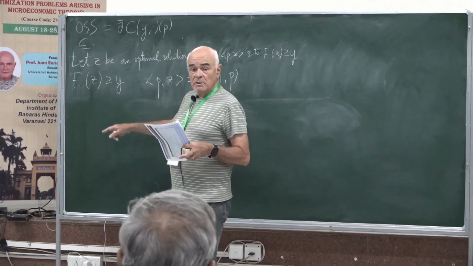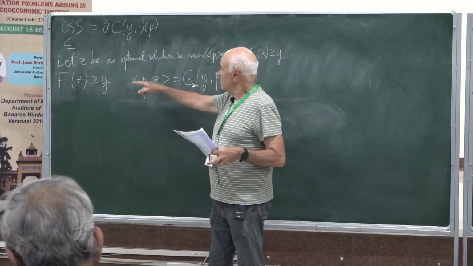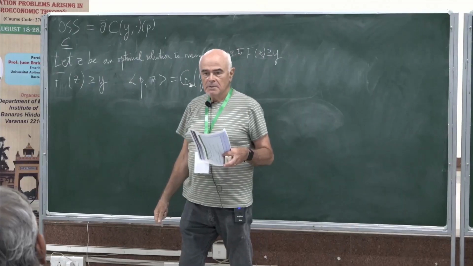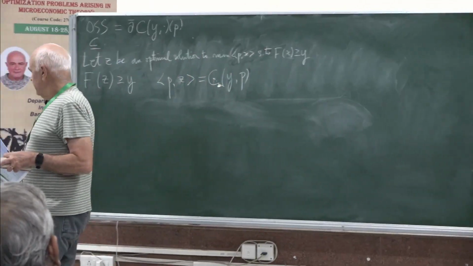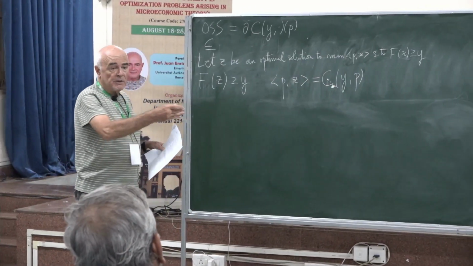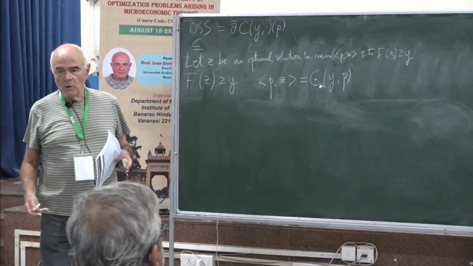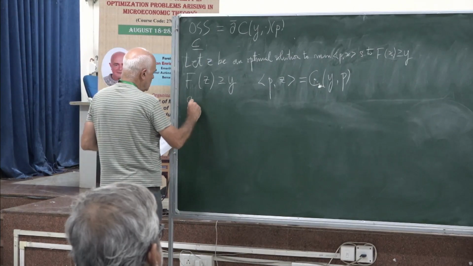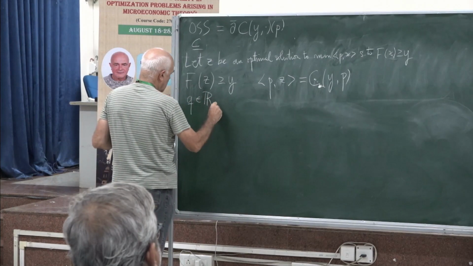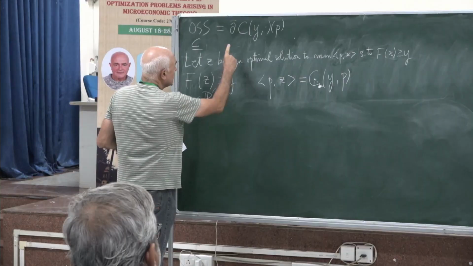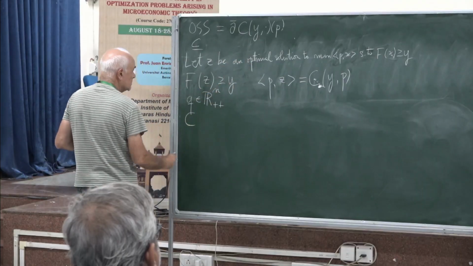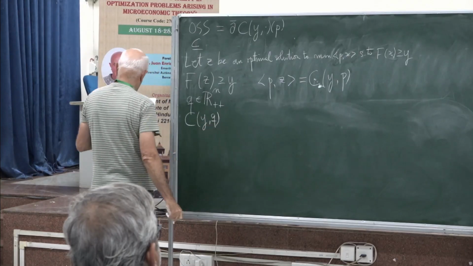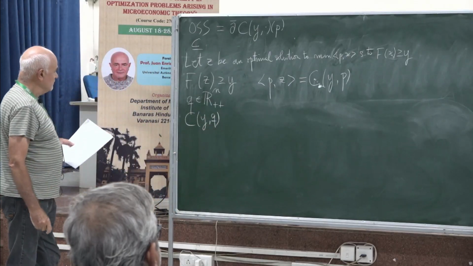Now we are going to check very easily that z is a supergradient, just proving the supergradient inequality. So consider any q in R plus plus n, and look at C of y, q.